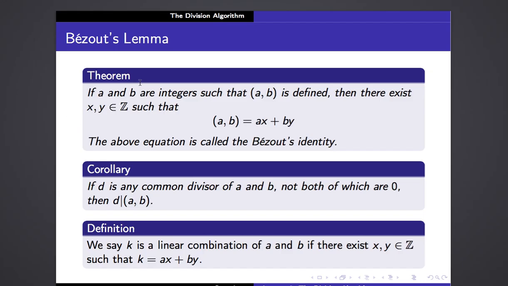If a and b are integers such that the greatest common divisor of a and b is defined, then there exist two integers x, y such that the greatest common divisor of a and b equals ax plus by, right? We just demonstrated how we can find a solution. This equation is called Bézout's identity.